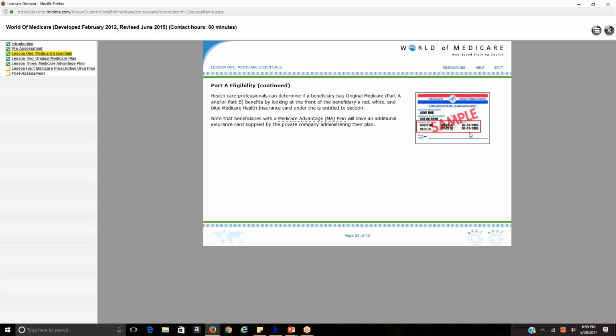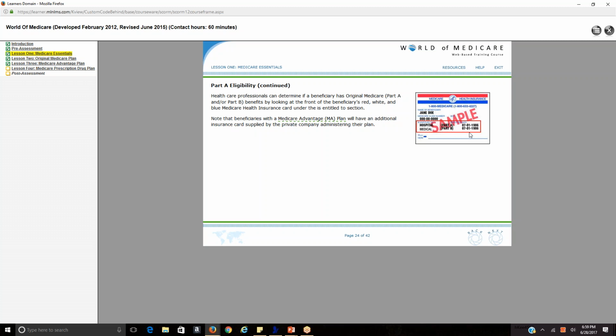So sometimes they will bring you their Medicare card and another card, and that card says Medicare Replacement on it. If it says Medicare Replacement or Medicare Advantage, that's a clue to you that that patient does not have Medicare Part B, and you're going to have to be very careful to find out where those claims need to go, because you would not be sending it to the Part B MAC or administrative contractor if they have a Part C plan.